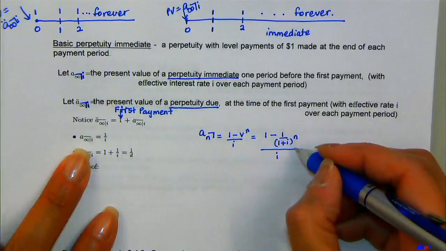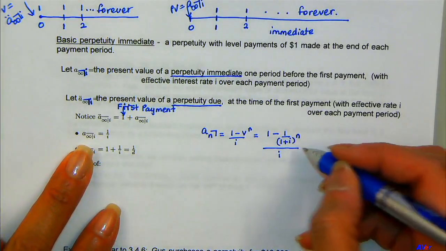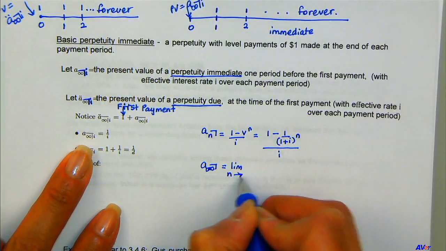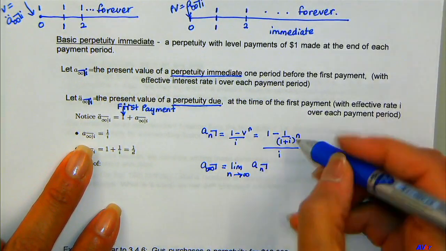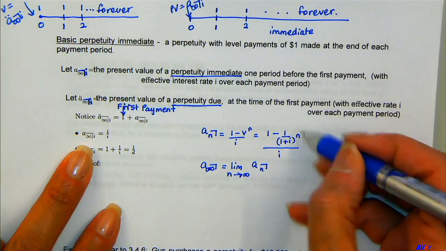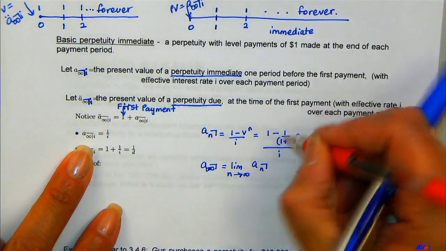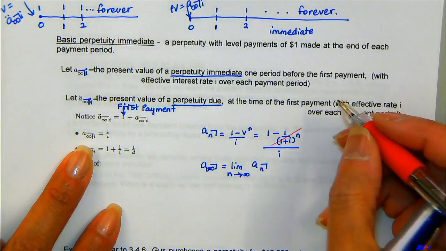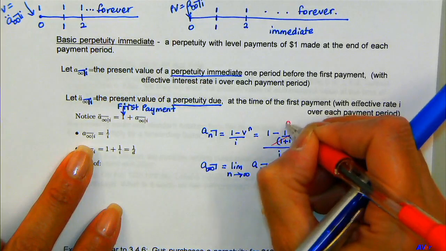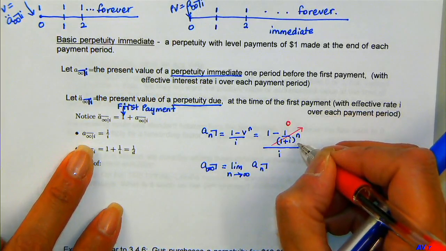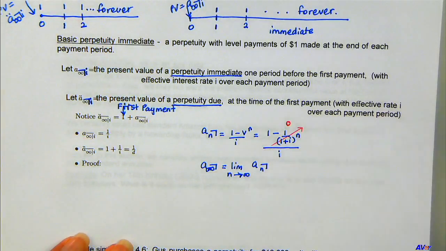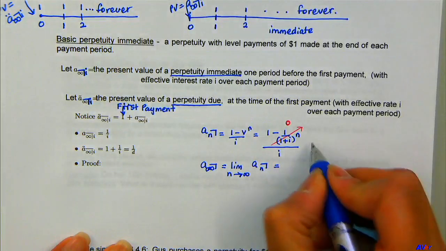What happens as n goes to infinity? a angle infinity equals the limit as n goes to infinity of a angle n. What happens to this term right here, 1 over (1 plus i) to the n? Yeah, this one goes to 0 as n goes to infinity, because the denominator gets bigger and bigger and bigger, and 1 over a very big number goes to 0. So in the end, you just have 1 over i.